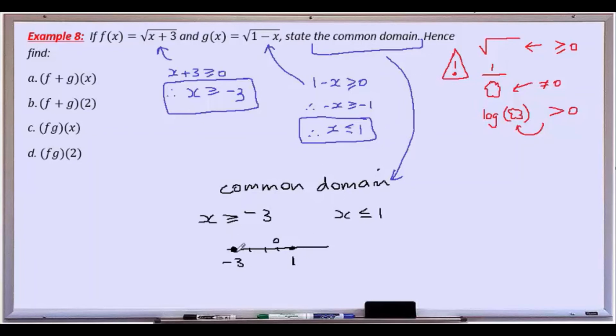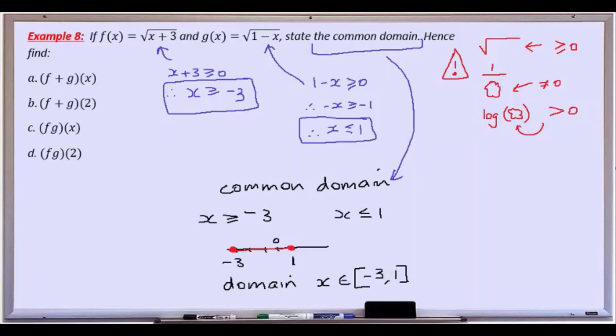So my common domain is this red area that I've drawn here. Therefore, the common domain is x is an element of square bracket, because it includes negative 3, to 1, and square bracket because they're included. So now I've stated the common domain. Therefore, I know these combined functions only exist over these numbers.